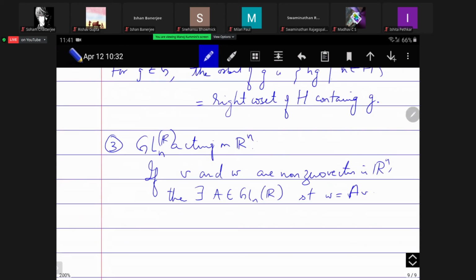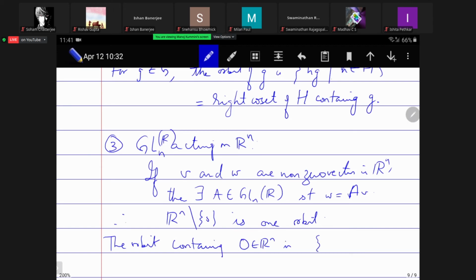Therefore, all non-zero vectors form one orbit. The orbit containing 0 is the singleton set {0}.